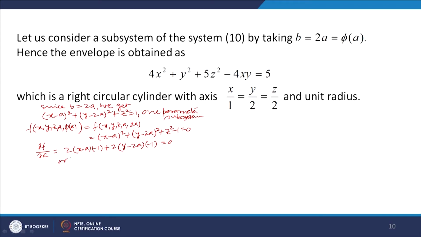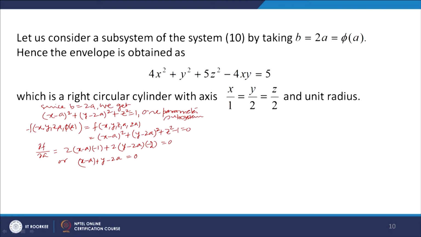Or we can divide this equation by minus 2. Here we will have minus 2, because when we differentiate with respect to a, we get 2 times x minus a into minus 1, then 2 times y minus 2a into minus 2.